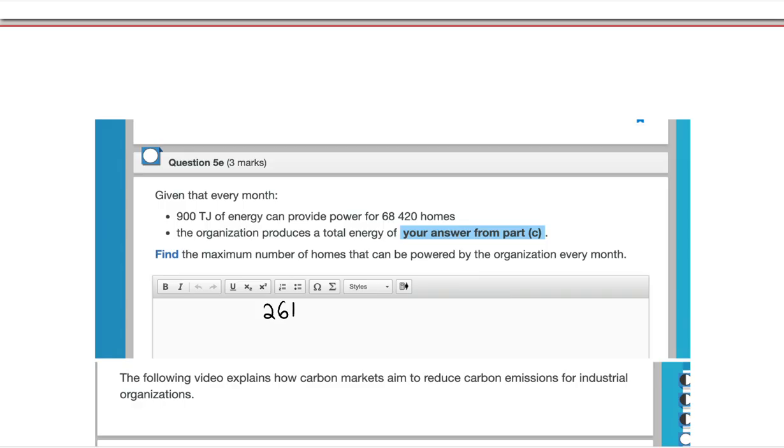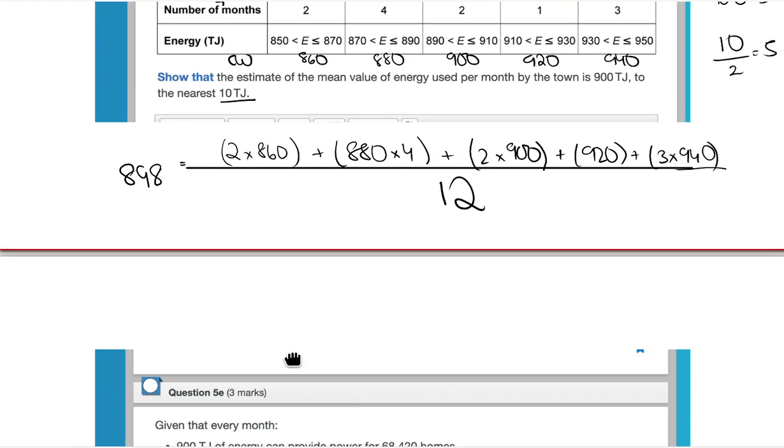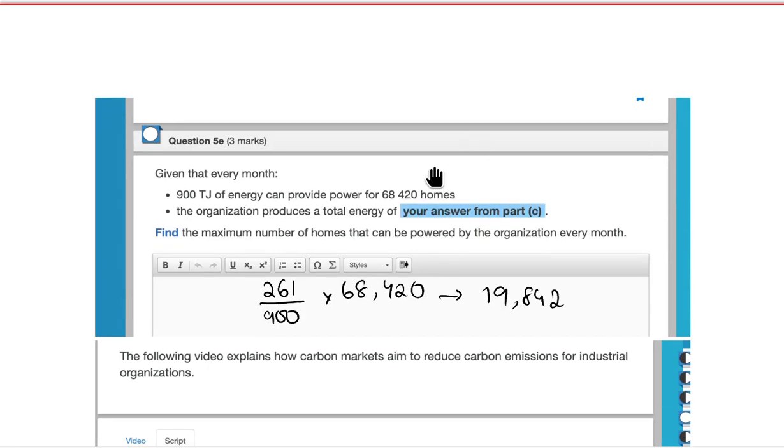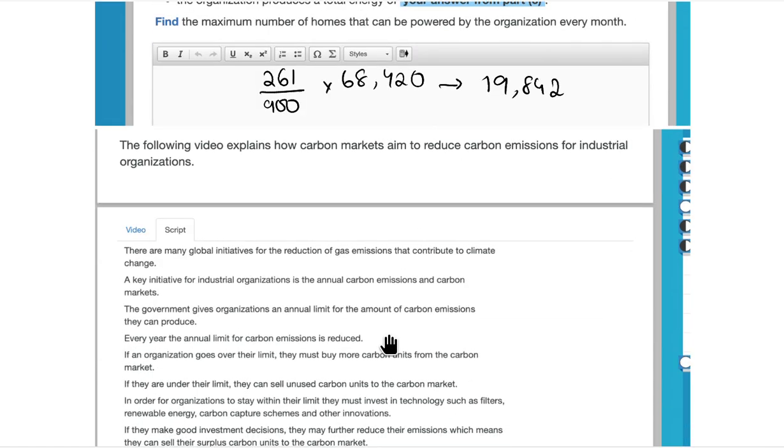So 261 over 900 multiplied by 68,420. That's all you had to do in this part. We'll get an answer of 19,842. So that's the number of houses that would get energy. I hope that makes sense. The answer here was 261, right? So which means it's not sufficient to provide energy.